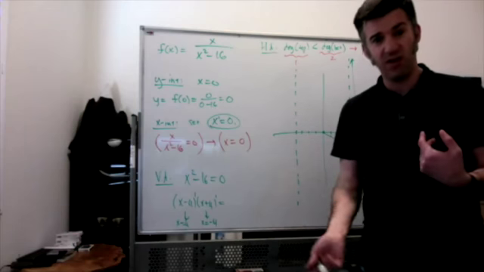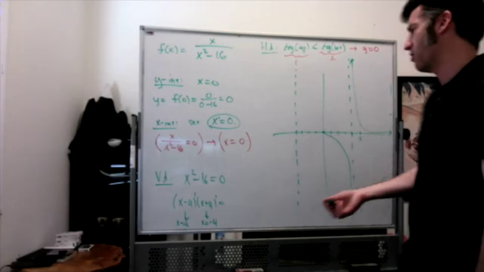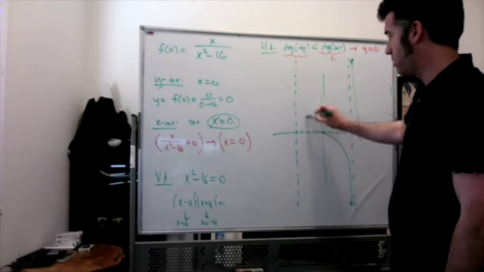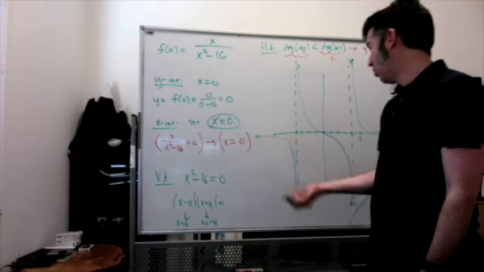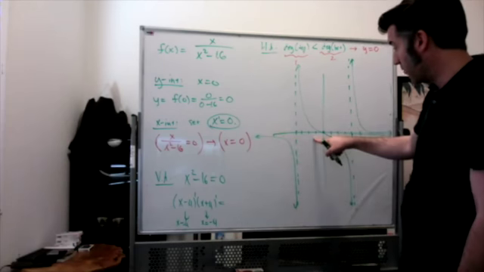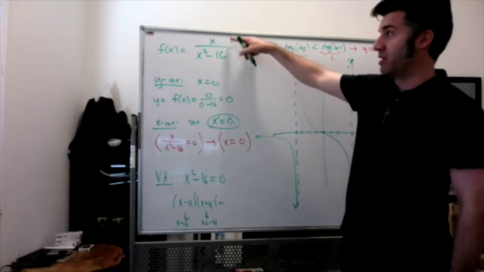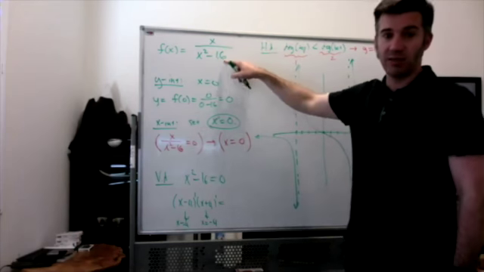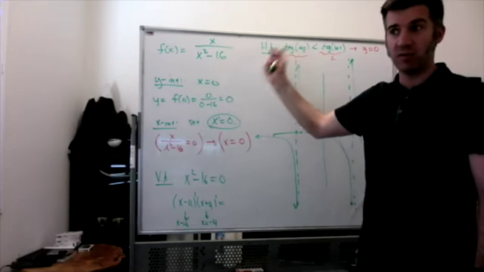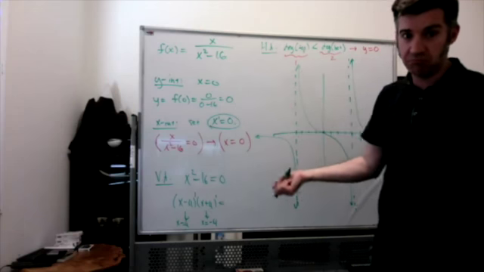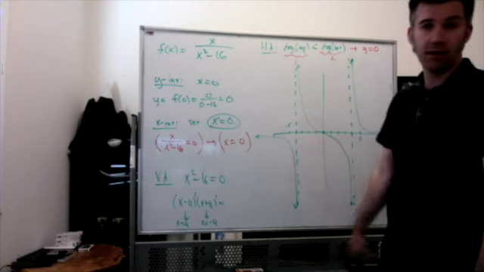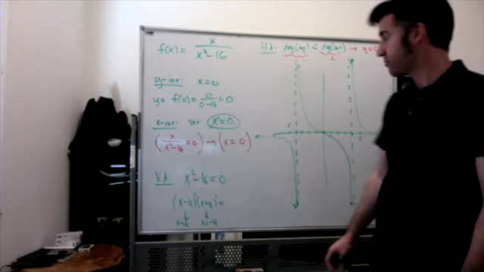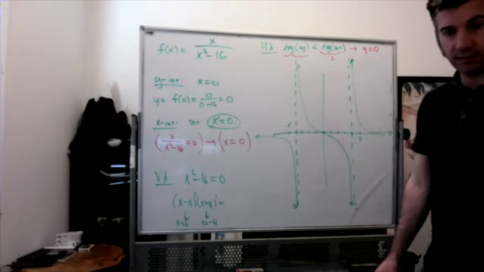You don't need to know this is an odd function, but if you did, you'd know it's going to be up this way and this way. Or you could test points. If you plug in -1, you get -1 over 1 minus 16, which is -1 over -15, which is positive 1/15. And if you plug in -5, you get -5/9. So that's what that graph looks like.